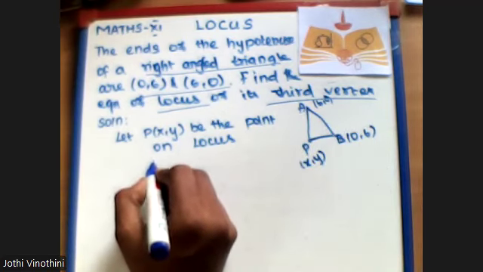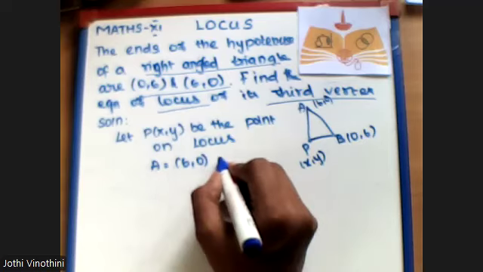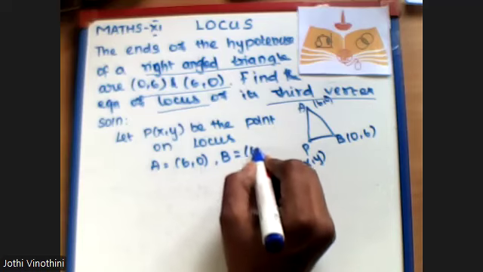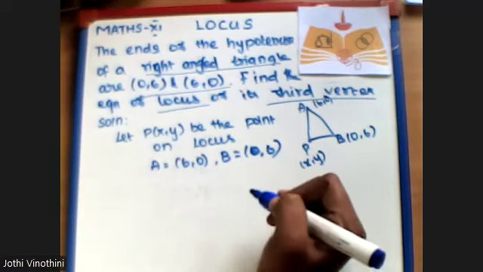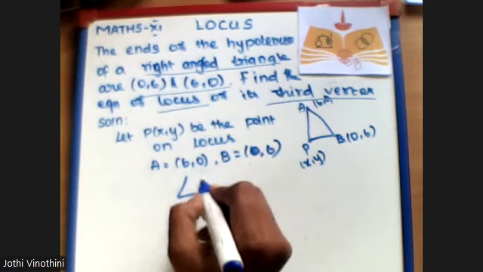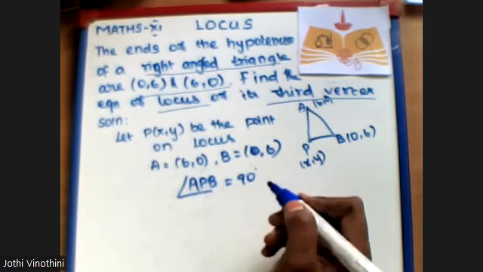So A is equal to (6, 0) and B is equal to (0, 6). And again, angle APB is equal to 90 degrees.